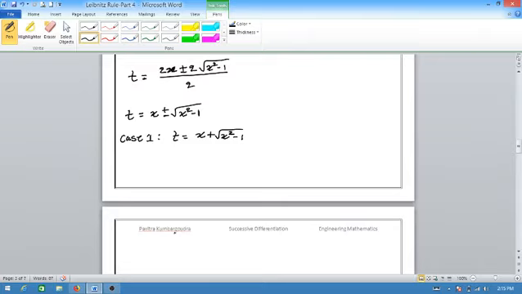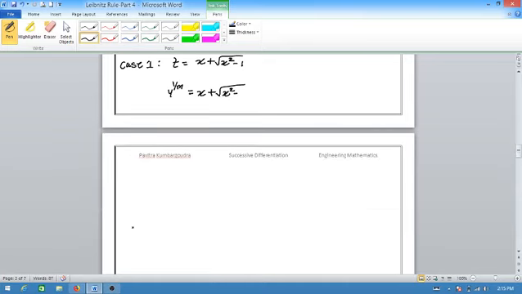So y raised to 1 by m is equal to x plus root of x square minus 1. We can write, raising the power m, y is equal to x plus root of x square minus 1, raised to m.